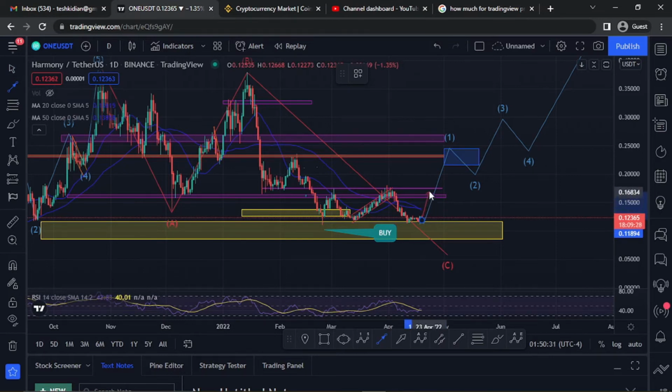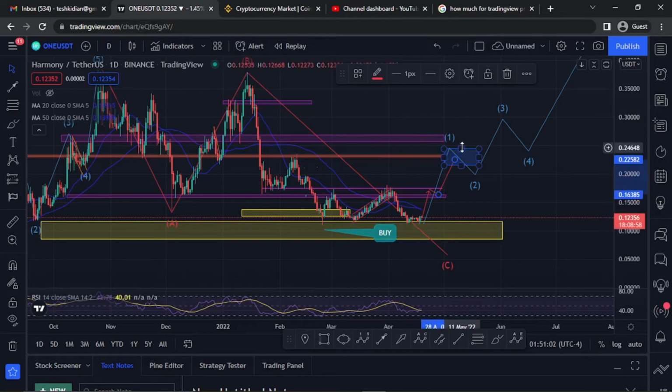We even go to around the $0.15 mark where we have the next key resistance, and once we are there we break above it, then have a retest of that zone, and once that retest happens, Harmony One could take us to around the $0.21 mark and the $0.24 mark. I'm basing that on the Elliott wave and on the Fibonacci retracement. So let's wait and see how that plays out.